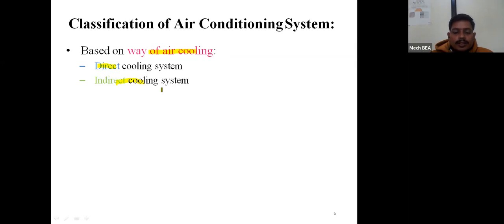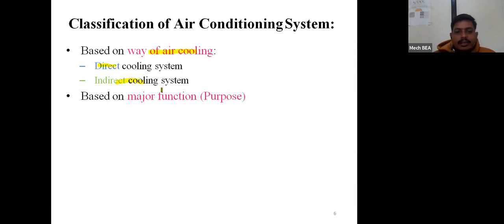In case of indirect cooling system, the primary refrigerant will first prepare the chilled water, and that chilled water will absorb the heat from the air which we want to cool.